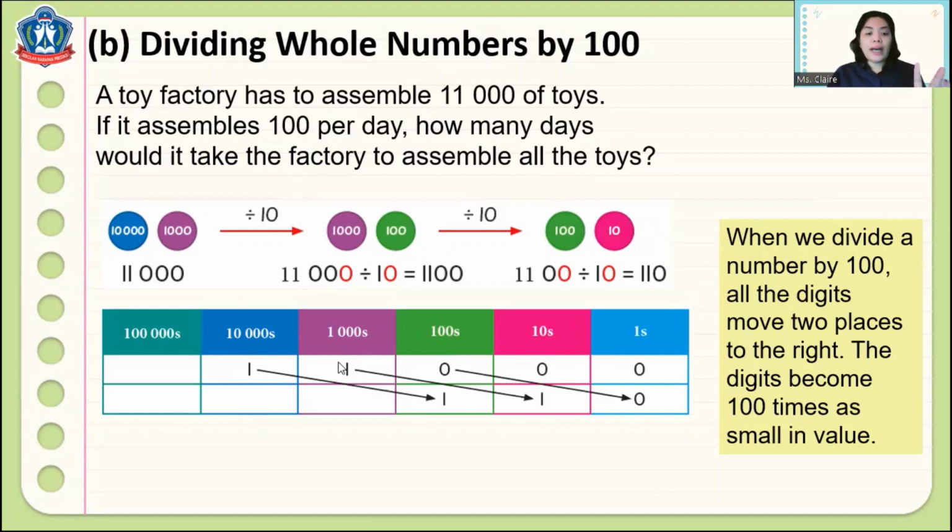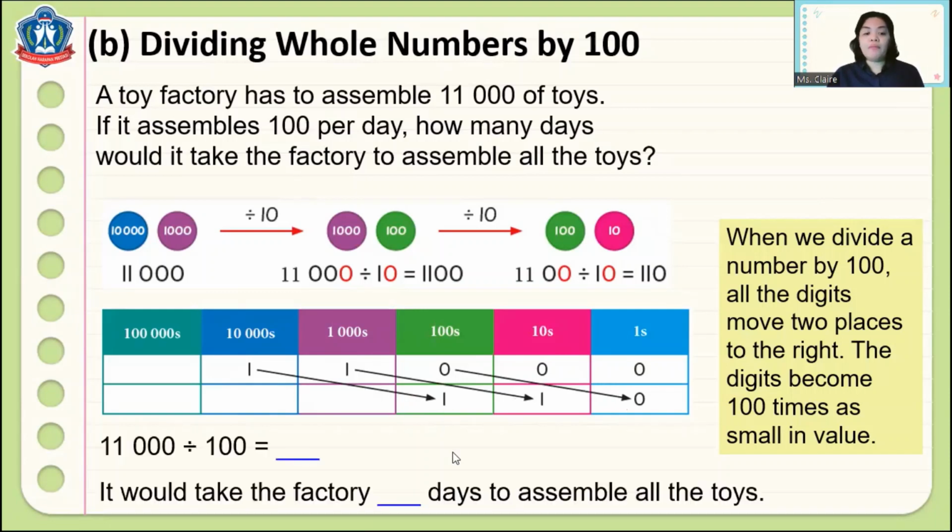The 1,000 here becomes 10. The 0 here in hundreds becomes ones. Therefore, it becomes 110. So 11,000 divided by 100 equals 110. So it would take the factory 110 days to assemble all the toys.